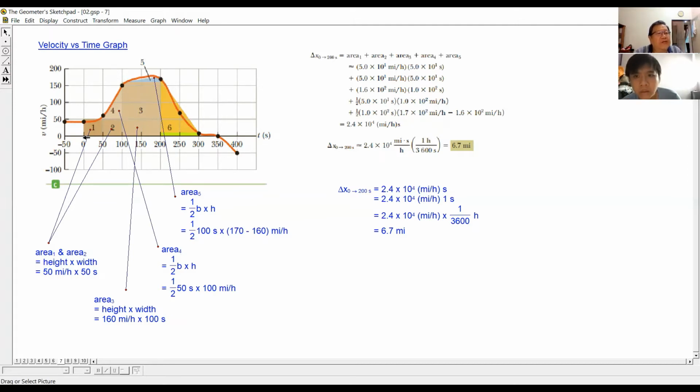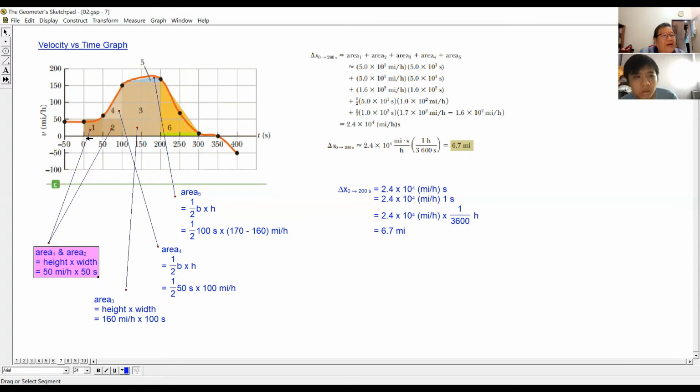So from 0 to 50 seconds, how much is the difference in displacement? They shape this area and call it area 1. This area 1 is actually in the shape of a square. What is the vertical height here?